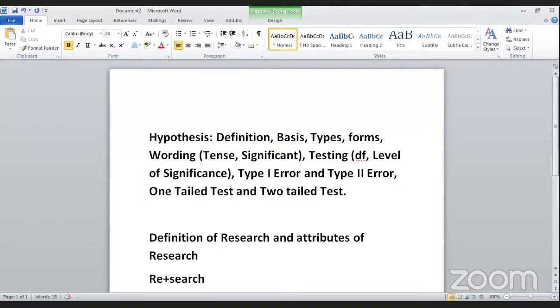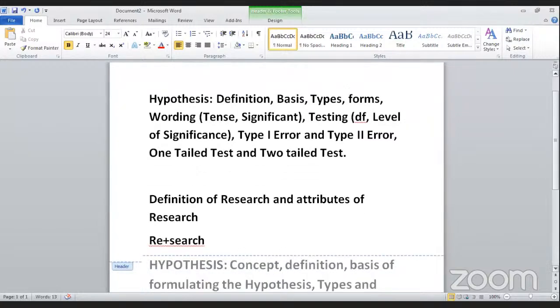So researches are going on. If you want a research, there must be a problem. If you do not have a problem, then of course you cannot conduct the research. So it is important that you should have a problem.